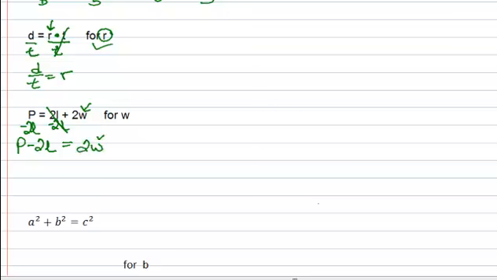Still looking for the w to be alone, so we divide out the coefficient. So we've got w is equal to p minus 2l all over 2. So nothing hopefully too spectacular here.